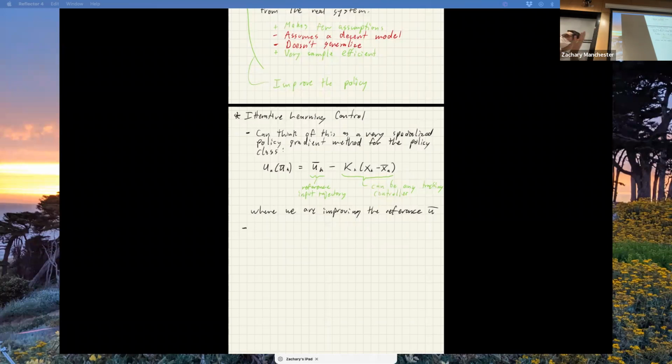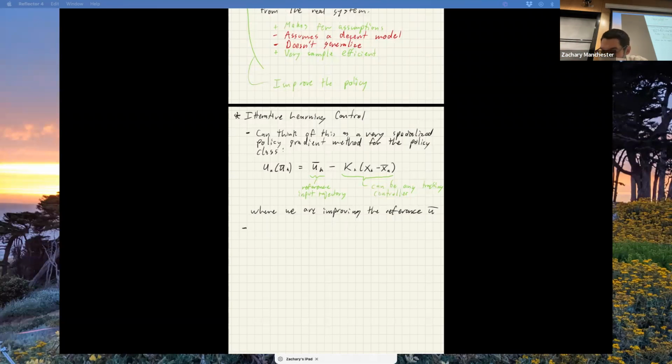If K is a matrix and this is linear feedback, that's like LQR, it can be time-varying LQR, or some nonlinear feedback doing reference tracking on the nominal x bar reference track, whatever you want. But the key thing is what we're going to update and optimize here is the u bar, that feed-forward control reference trajectory. Does that make sense? Those are the parameters we're optimizing. We're going to leave the feedback controller alone. We're not touching that. We're also not touching the model. We're just touching the u bar in there, which is just a trajectory.